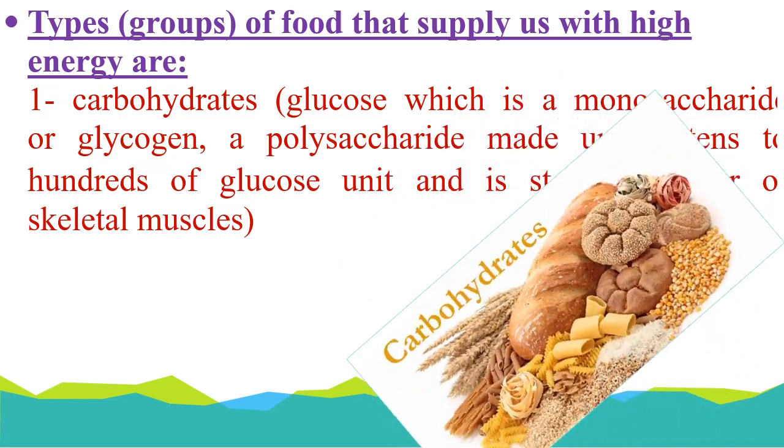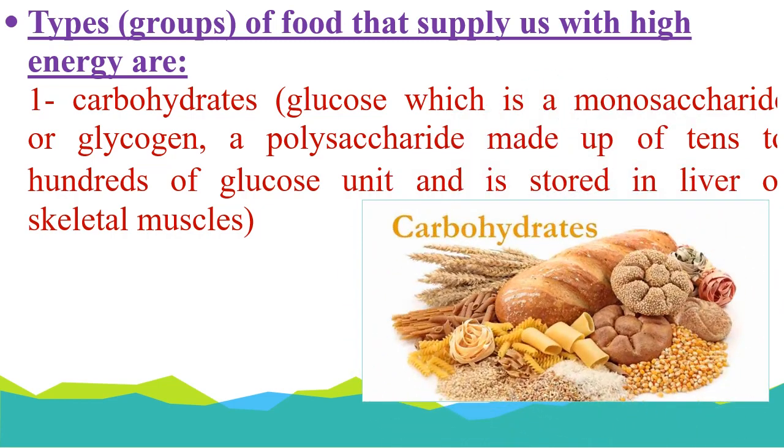First of all, let's have a flashback and remember that carbohydrates are considered as the primary source of energy among all the other food groups. It's the first group of food used to provide the body with energy, such as the monosaccharide glucose or the polysaccharide glycogen, which is a long-term energy reserve made up of many monosaccharides.